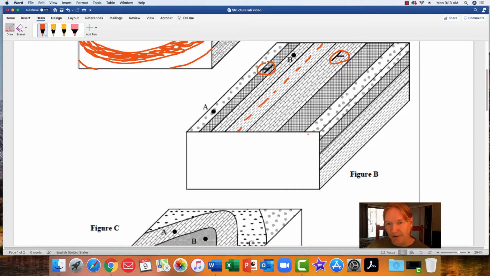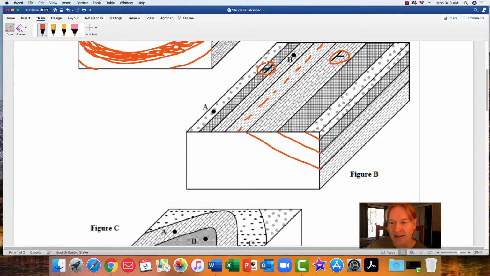So these are dipping to the right, so I know that this is part of the same rock unit, so I'm just going to draw a line that connects that contact with this contact that represents the bottom of this polka dot unit. This is going to come down like this, and this guy is going to come down like this.